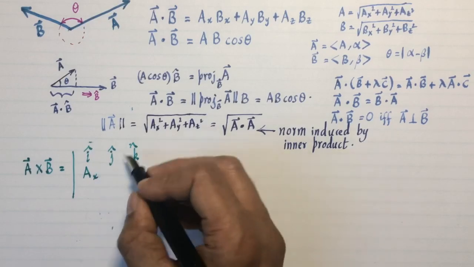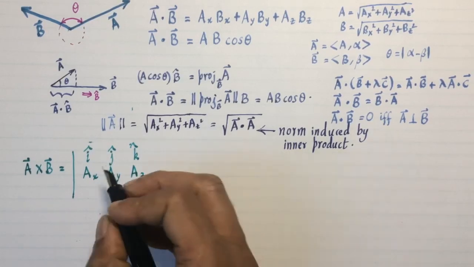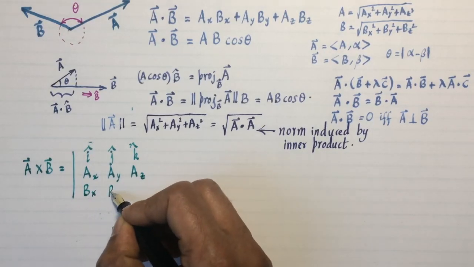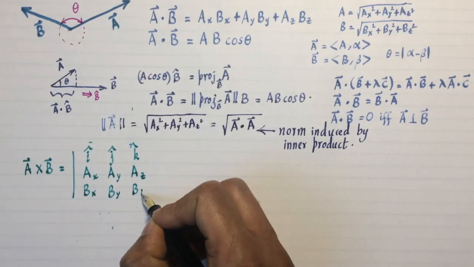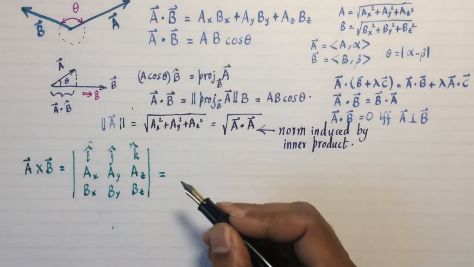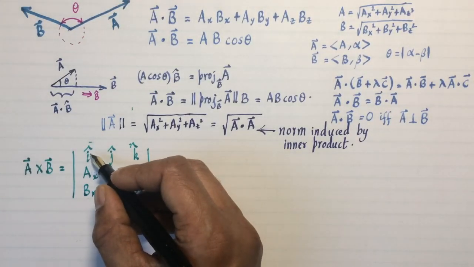For the second row, you write the X, Y, and Z components of A. And for the third row, you write the X, Y, and Z components of B. This then completely specifies our cross product. Let's work it out by the usual rules of determinant.